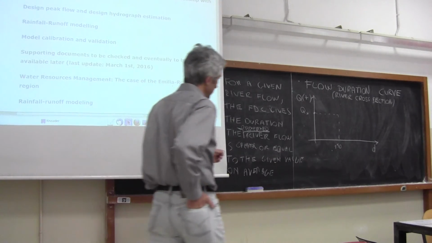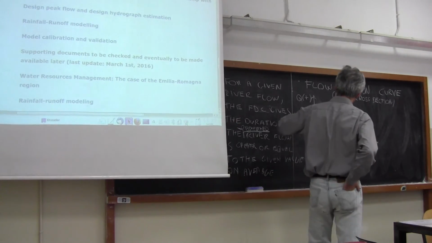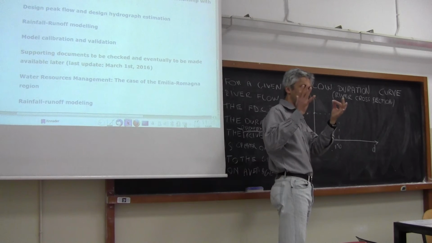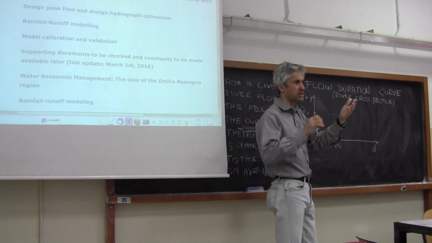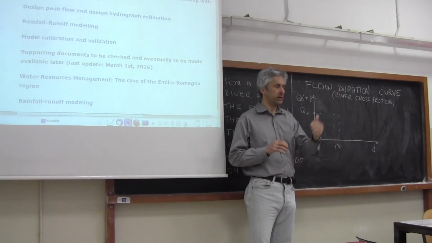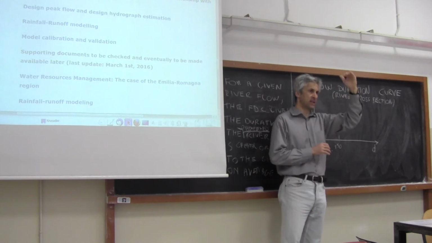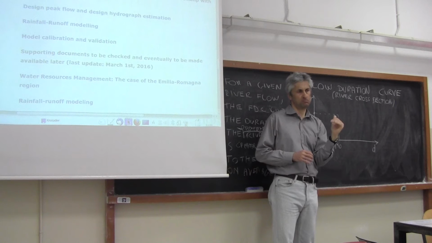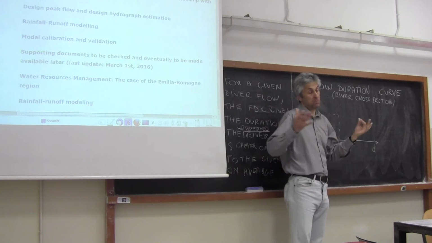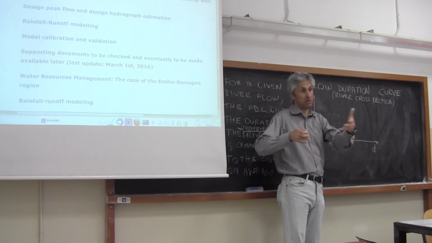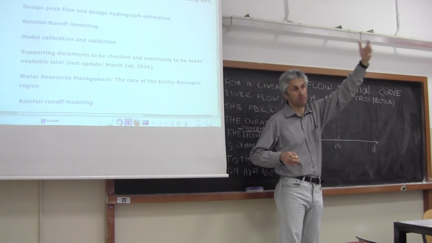Okay, so basically, what is the shape that you may expect for a flow duration curve? Let's suppose that the river flow in the given cross-river section is varying between a maximum and a minimum. The minimum could be the long-term minimum, and the maximum, the long-term maximum.